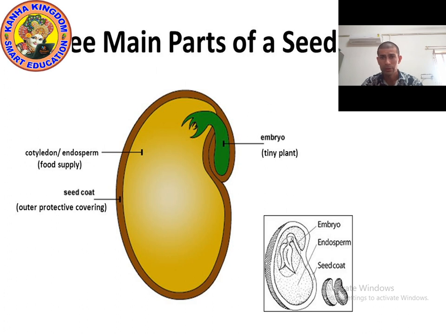Okay, so I hope you understood. There are 3 parts: seed coat, cartilage, which is also known as endosperm, and the last part is embryo. Okay, now let's move on to the next point.